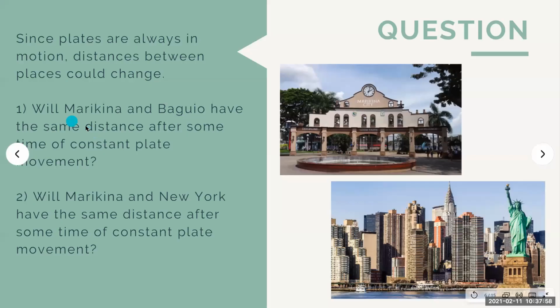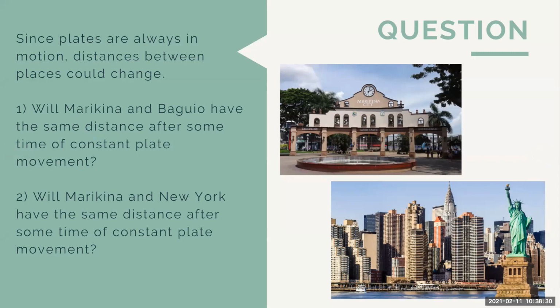Since Marikina and Baguio are in the same landmass, for example yung Luzon, isang malaking landmass siya, and that landmass is still under a bigger tectonic plate. So if magkaroon man ng plate movement, the distance between Marikina and Baguio will still be the same.